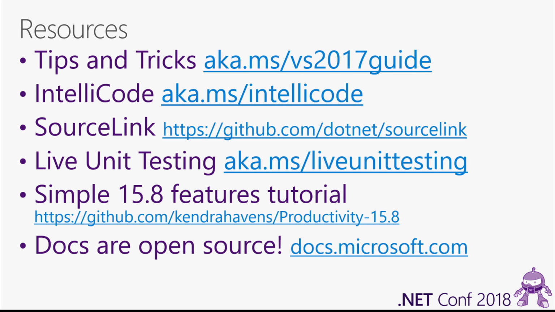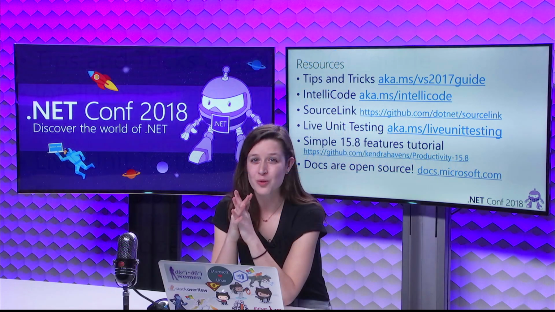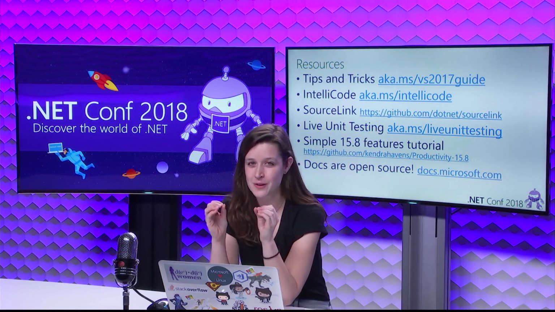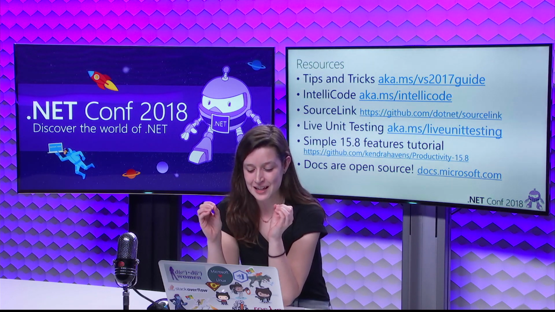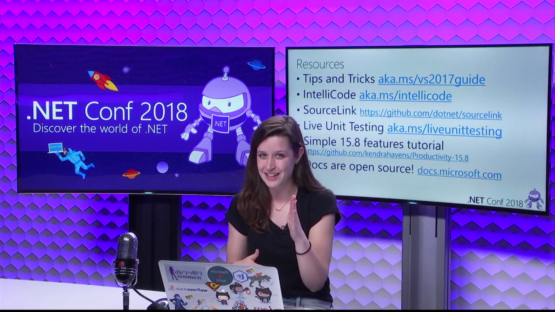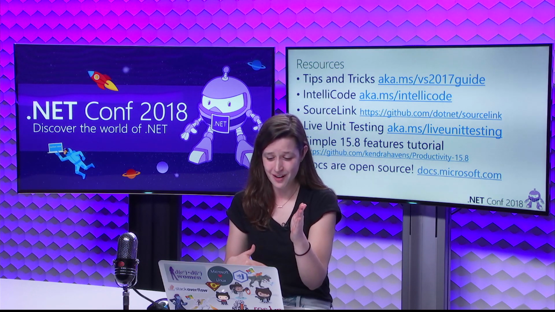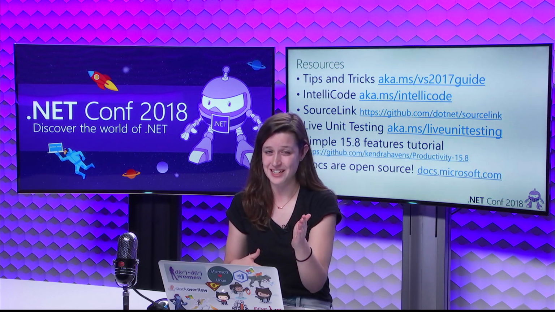Throughout the demo, I used Live Unit Testing. That is an Enterprise-only feature. You can learn more about it at aka.ms/live-unit-testing. I know a lot of people really love to focus in only on the Visual Studio version 15.8 brand new features, so I made a one-page simple tutorial on all of the productivity 15.8 features.